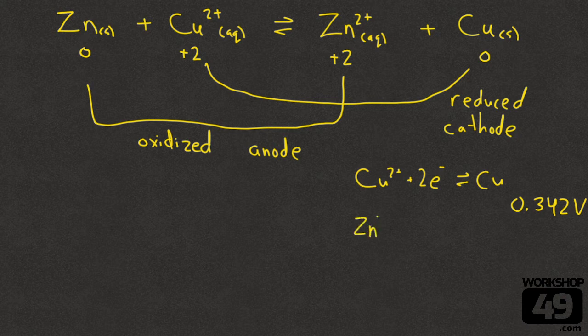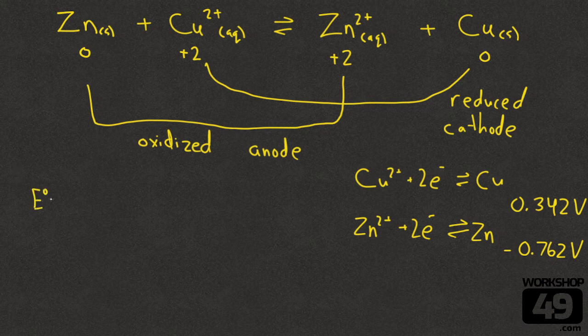And our Zn2+ plus 2 electrons is reversible with zinc metal, and that one is going to be negative 0.762 volts.